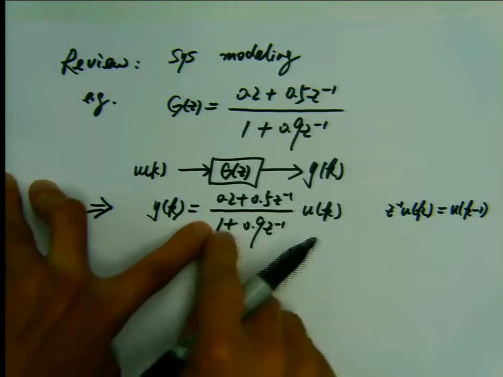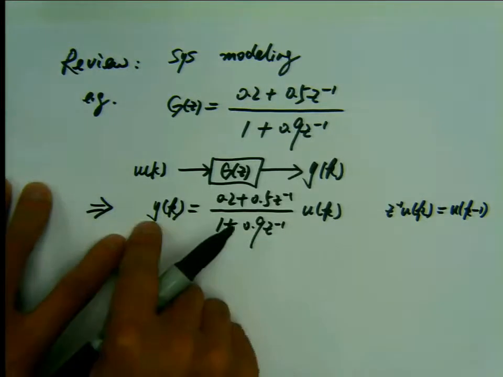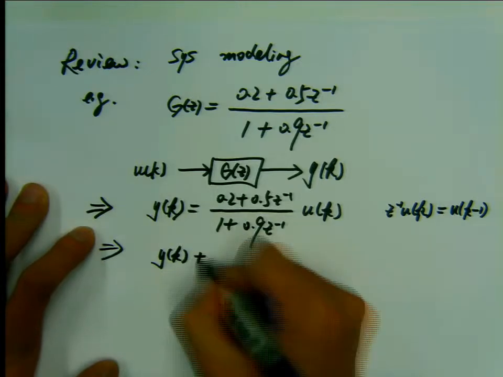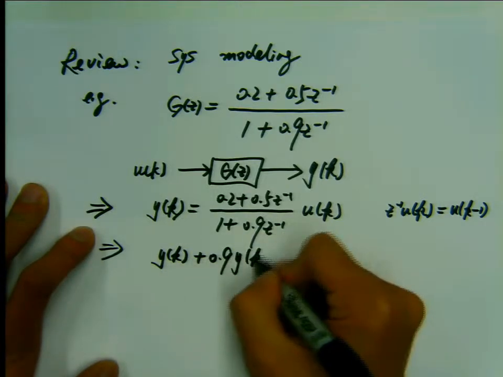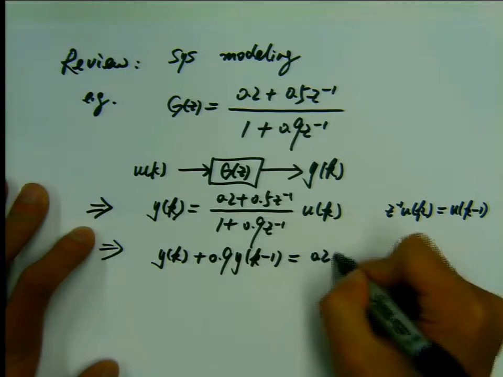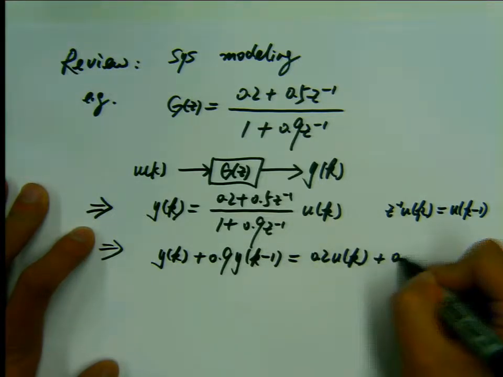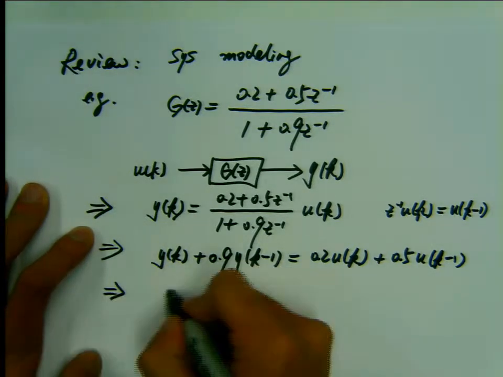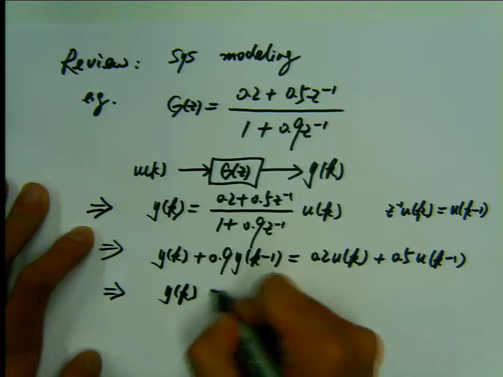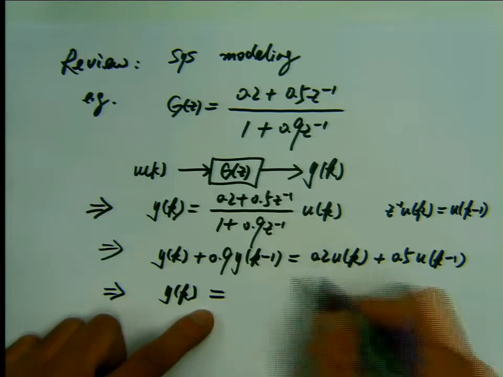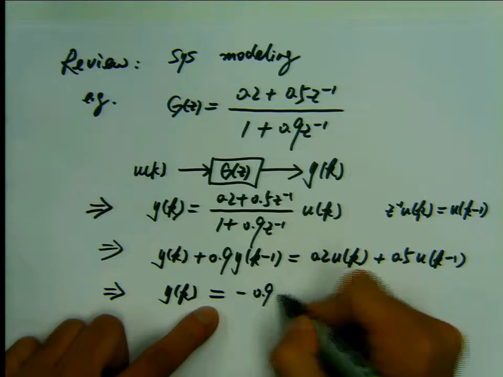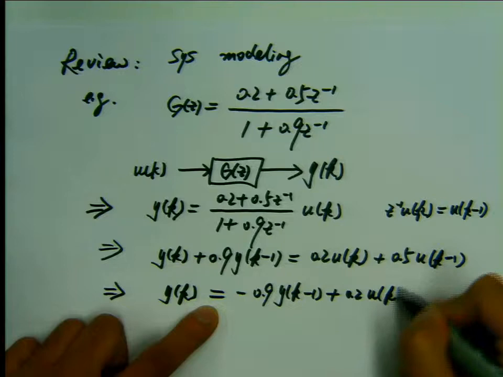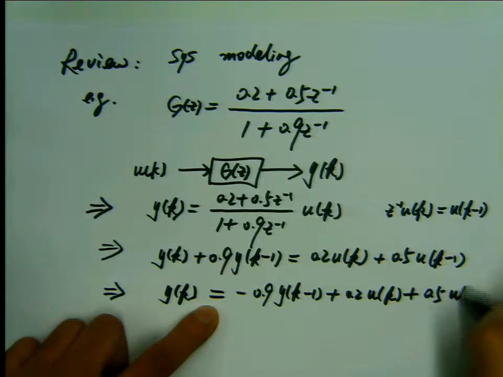If you shift this denominator to the left-hand side, you're going to get yk + 0.9 yk-1 = 0.2 uk + 0.5 uk-1. This final step is going to reveal what I want to say today. So yk = -0.9 yk-1 + 0.2 uk + 0.5 uk-1.